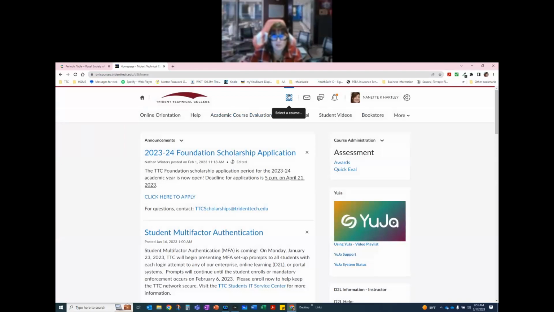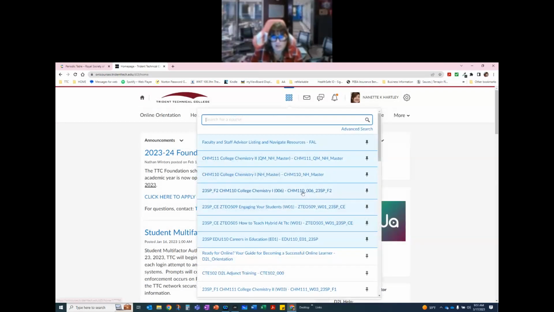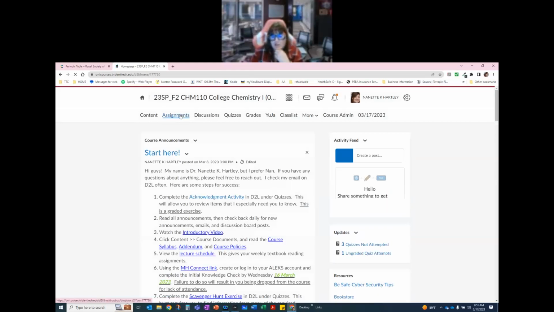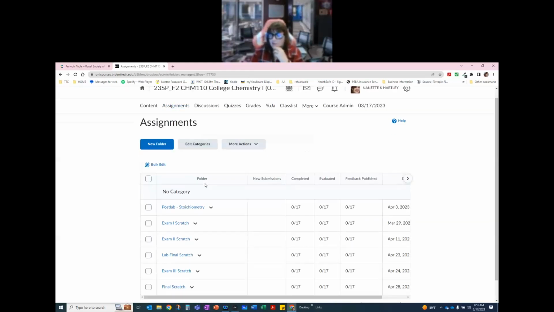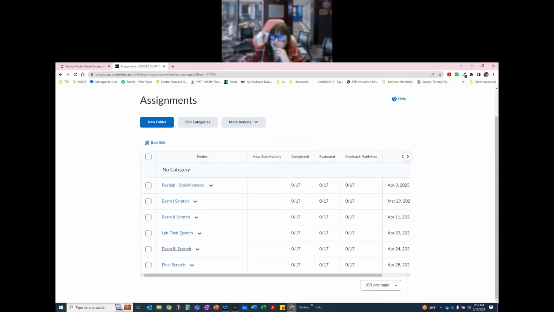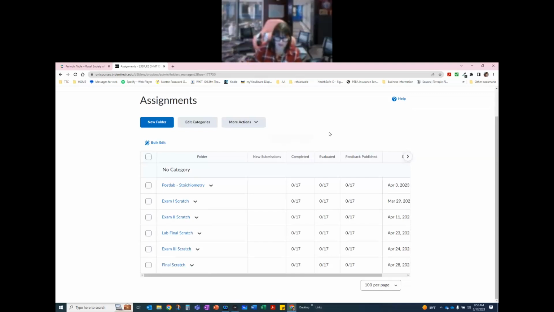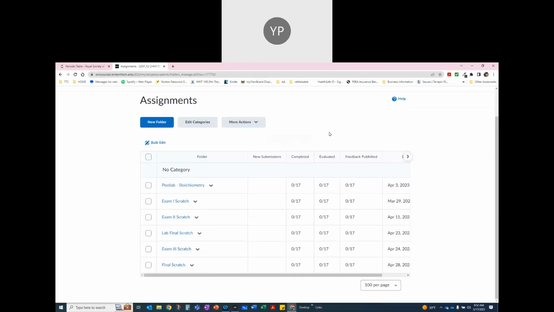But in the assignments, there are drop boxes for scratch work, and there should be one for quiz scratch, but I have failed to put one up yet, so I will make sure I do that right now. You can take a picture of it and upload it there, and I can take a look at it. So I don't need to worry about this one? You do not need to worry about this one.